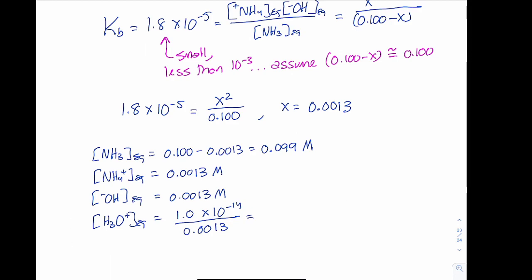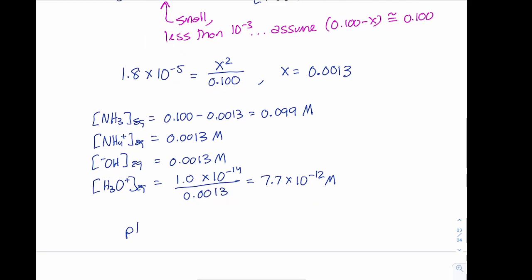So I'm typing into my calculator right now. And I get 7.7 times 10 to the negative 12th molar. So pH, then I can just take the negative log of that value.